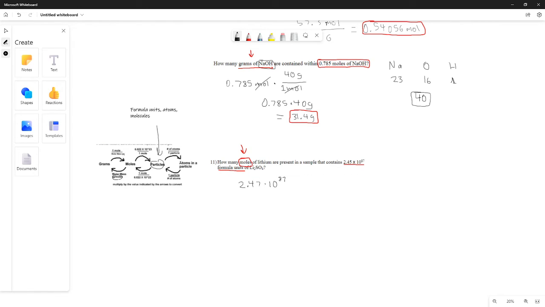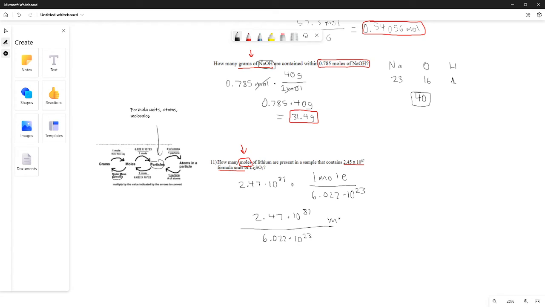And when doing this conversion, you actually don't need the molar mass because you're going from formula units to moles. So you multiply this by, or you can divide, either way works, but I'm just showing the process, 1 mole over 6.022 times 10 to the power of 23. So it'll just be 2.47 times 10 to the power of 87 over 6.022 times 10 to the power of 23 moles.